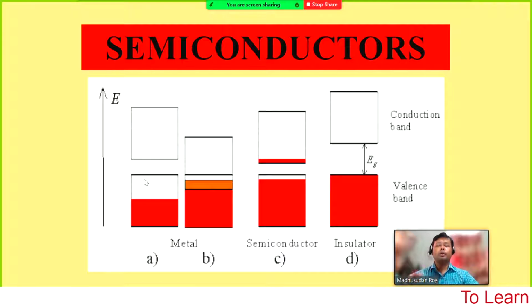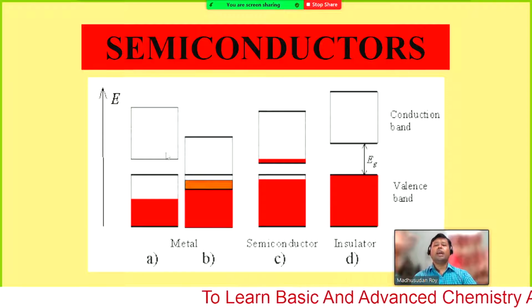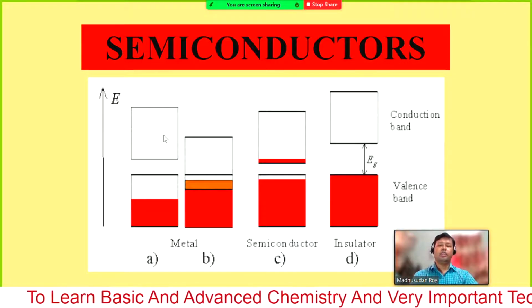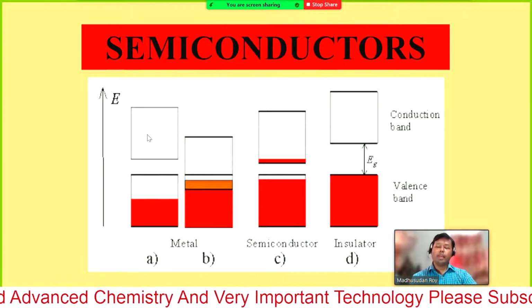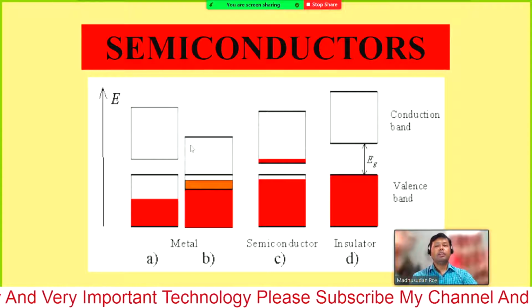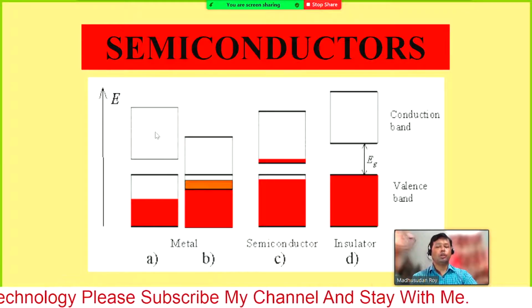That means if you consider two bands, the valence band is lower energy and the conduction band is higher energy. So sometimes the conduction band can be empty or sometimes it can be partially filled, but it cannot be completely filled.